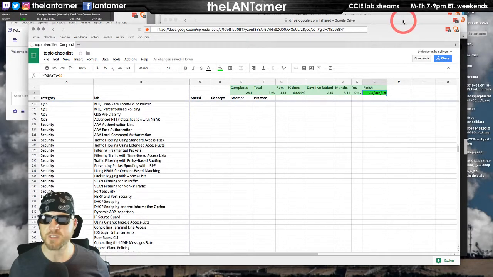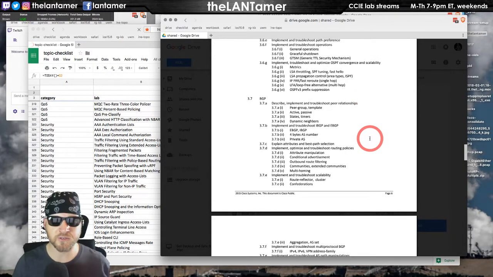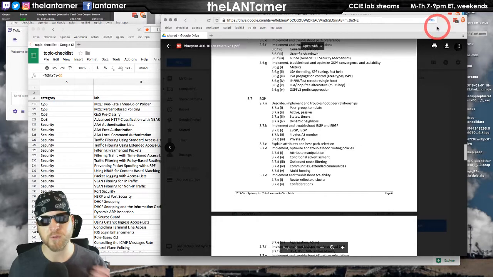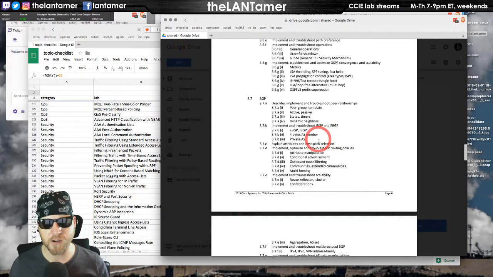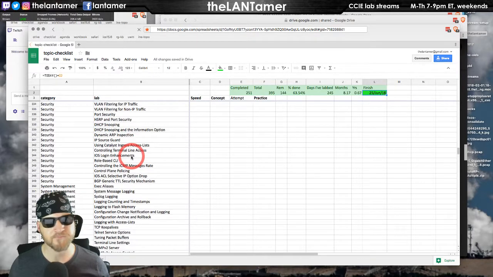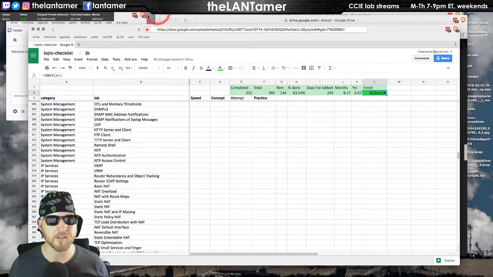So starting tonight, actually, I decided I need to switch gears a little bit. From this point forward, I'm not going to be labbing as much. I'm going to be really focusing on studying and preparing for the written exam, due to the fact that there are only a few months left before I have a deadline.